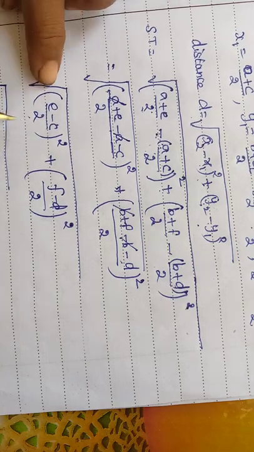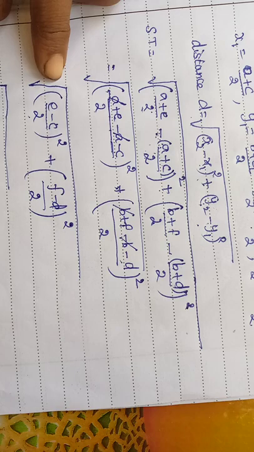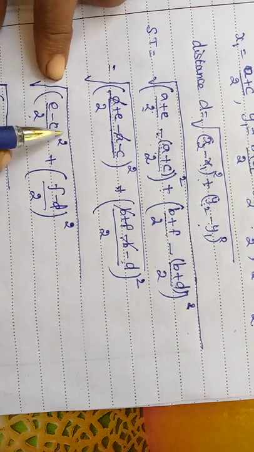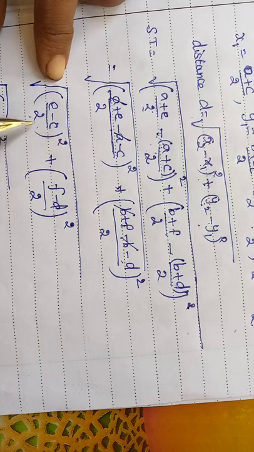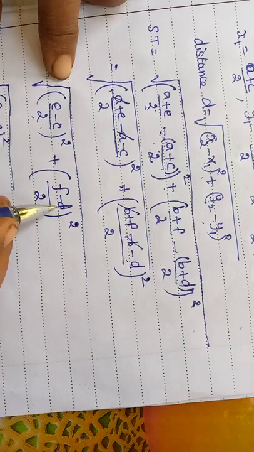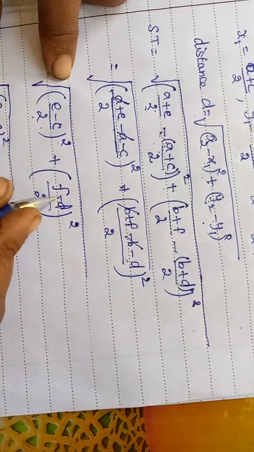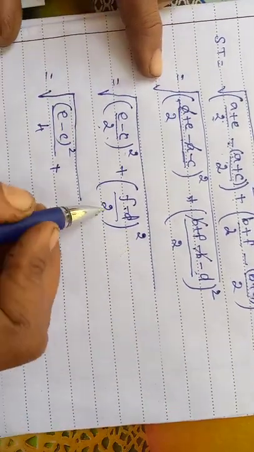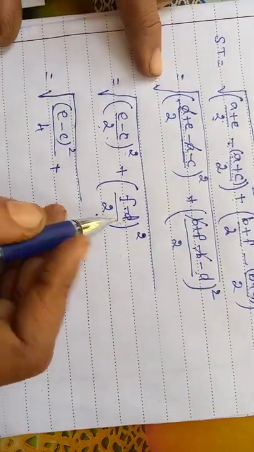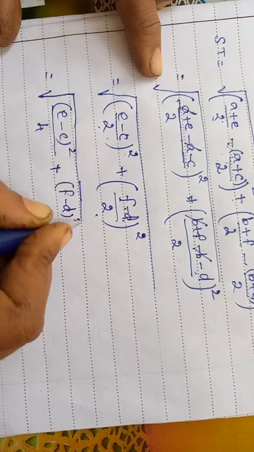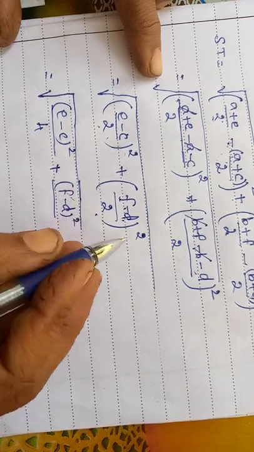The numerator can be written E minus C the whole square, by the denominator. The square is common for numerator as well as denominator, so 2 square we have 4. Plus, the same way this time also, numerator and denominator separately: F minus D the whole square by 2 square is 4.